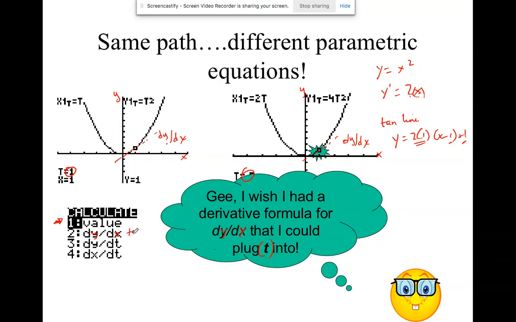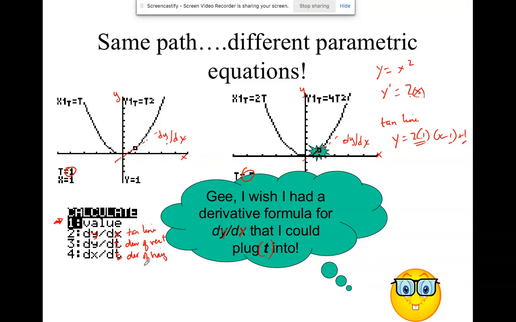That is the slope that you need to write the tangent line. But dy dt is the derivative of the vertical. dx dt is the derivative of the horizontal.